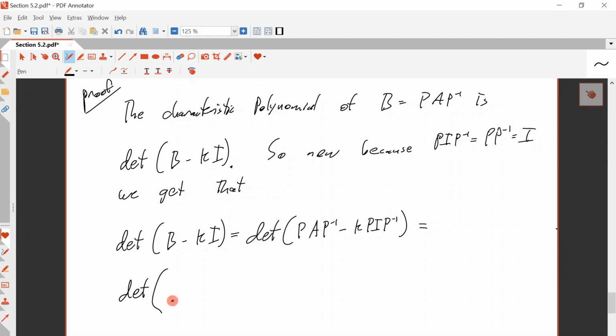Determinant of P times A minus K I times P inverse. Right? P is on the left of each term, and P inverse is on the right of each term. So we can factor out, and K is just a scalar, so we can put the K wherever we like. Which is equal to, well, the determinant of a product is the product of the determinants.